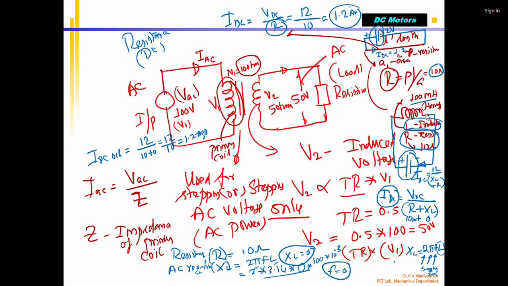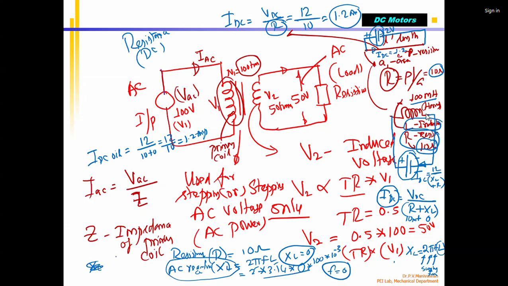For the same wire, I made it into a coil, it became an inductor. Its resistance remained as it is, but it acquired a new property, inductance, which is L equal to 100 millihenries. So if you apply a voltage, it opposes the current flow, which is called AC reactance, represented by capital X. We will also see XC, which is called capacitive reactance.